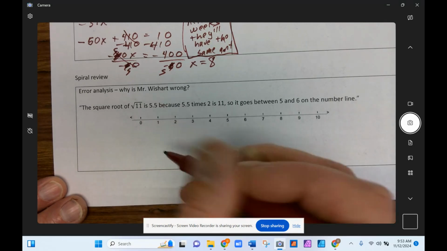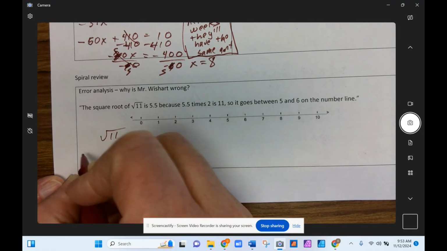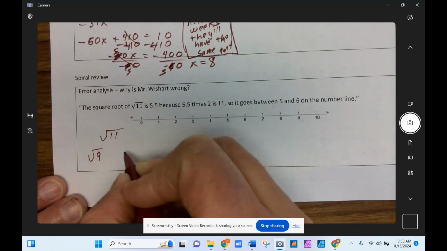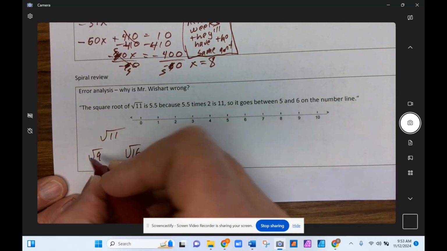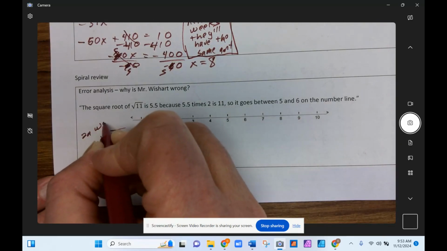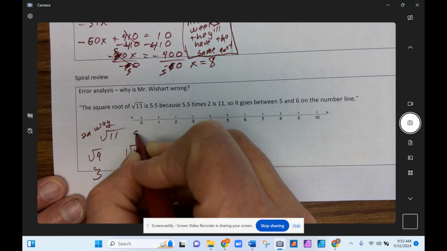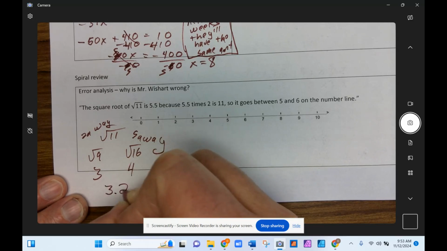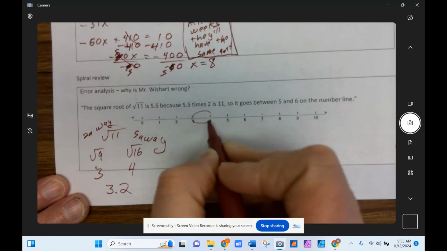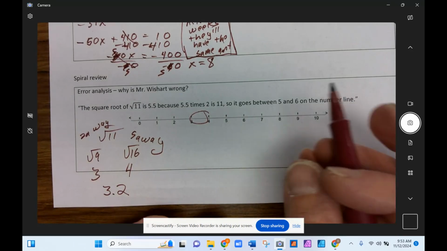We know that 11 is in between square root of 9 and 16, which means it's in between 3 and 4. It's 2 away from that 9, and it's 5 away from that 16. So it's closer to 3. It's going to be about 3.2. So we know that it's going to be right there.